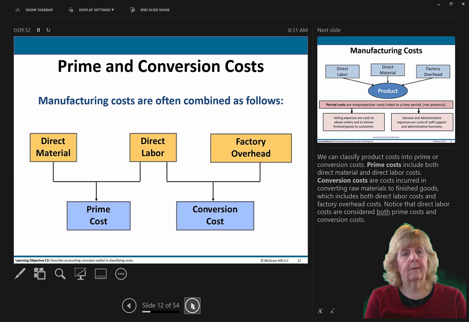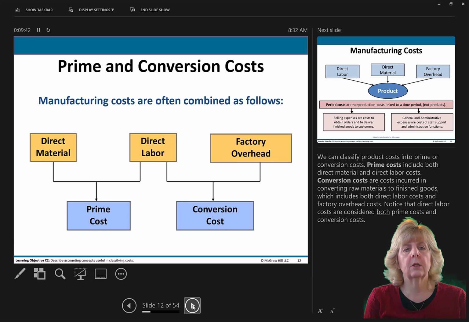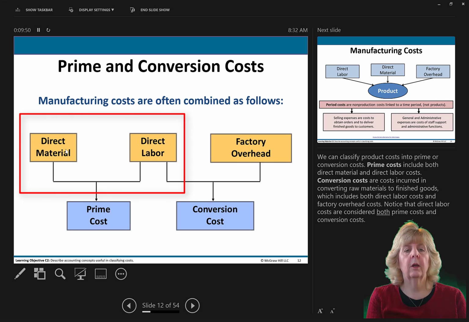Another way of classifying costs is by calling something either a prime cost or a conversion cost. This will become very important in chapter 16. Okay, a prime cost is the combination of materials and labor. Those are the primary direct costs that go into creating a product.